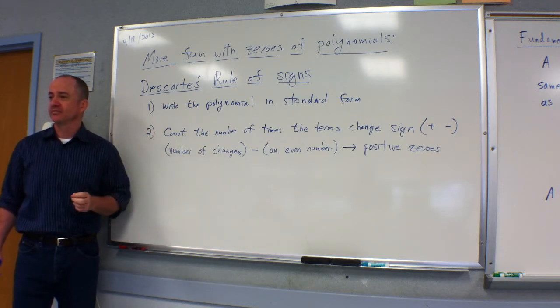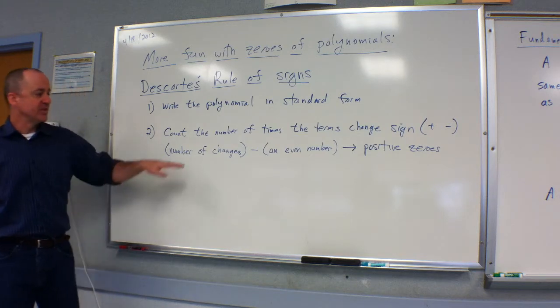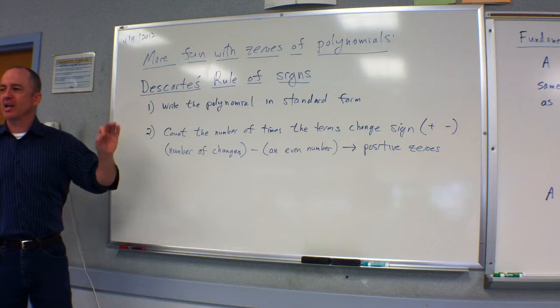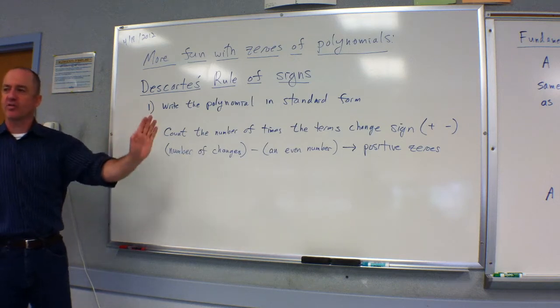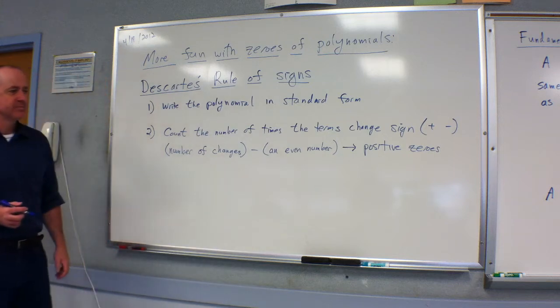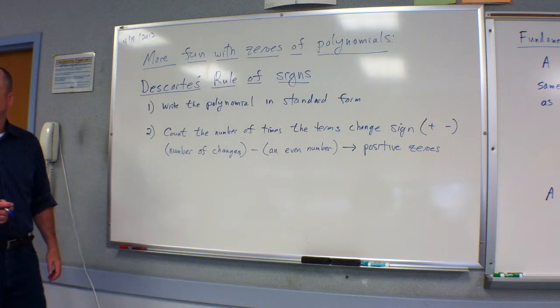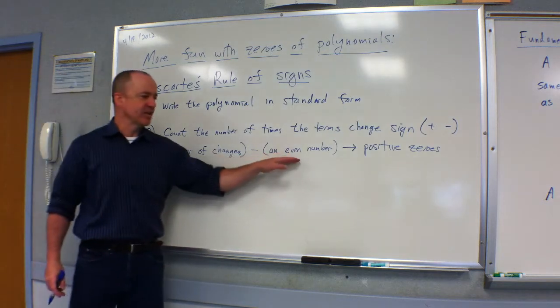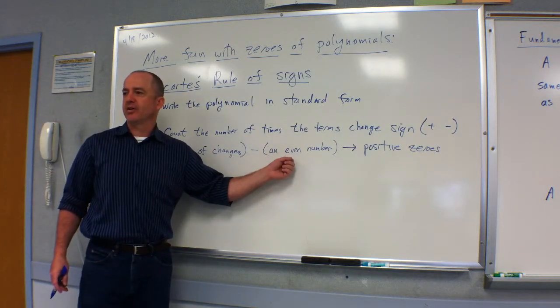So it doesn't matter the actual number you end up with, it's just the sign that matters? No, the answer to this is going to be a number. It's going to be a whole number.